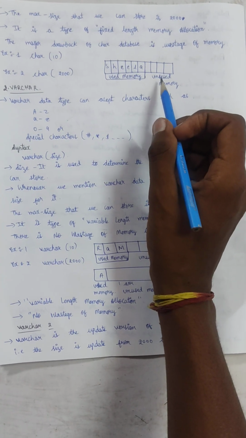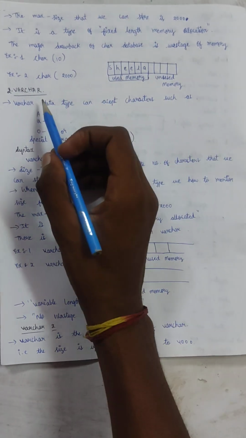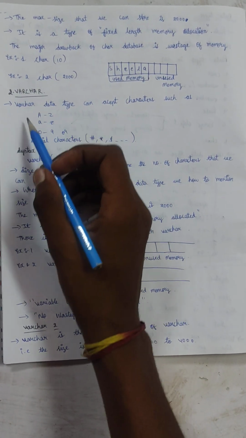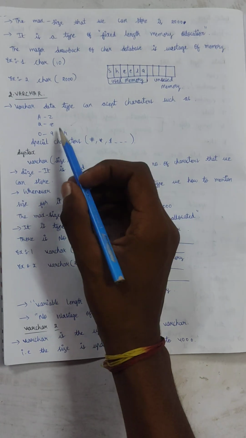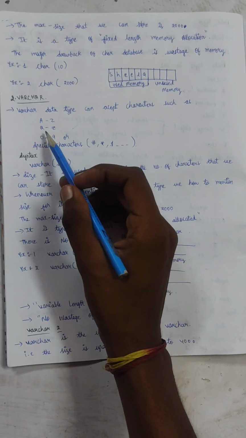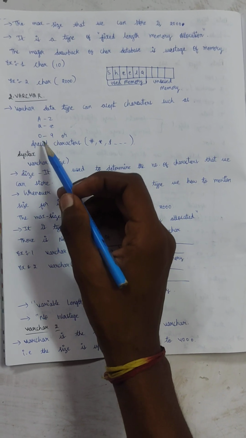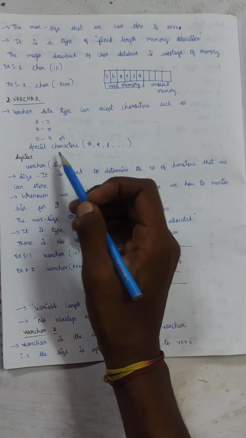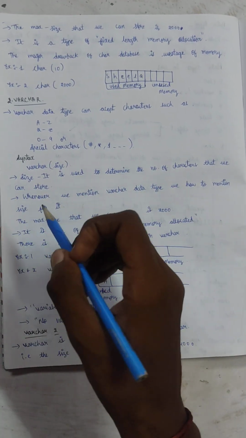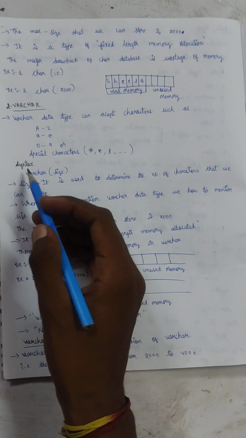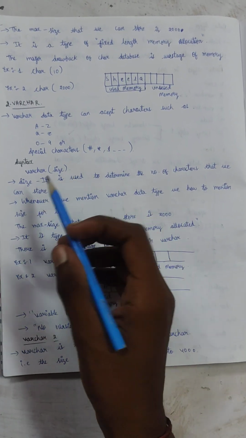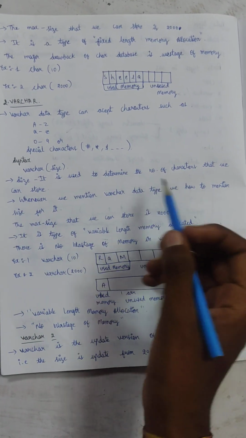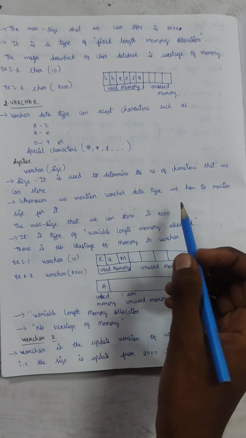So due to this drawback, we have introduced a new one, varchar. Varchar data type can accept characters such as a to z, capital A to Z, 0 to 9, or special characters, same as char. But here the syntax is varchar of size. Here, same as char, size is used to determine the number of characters that we are storing.